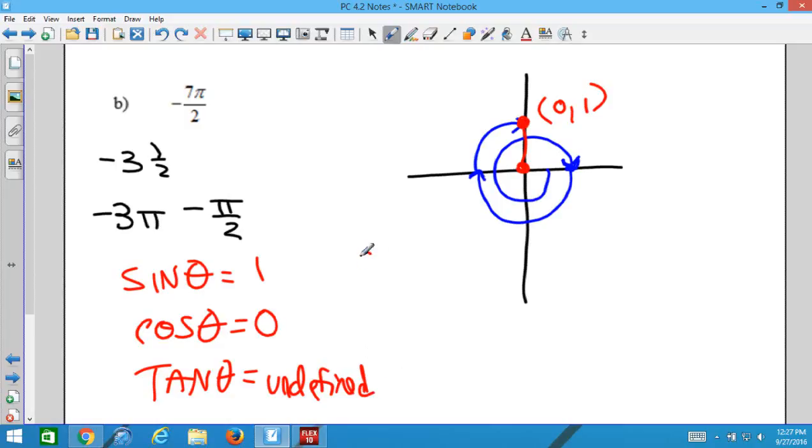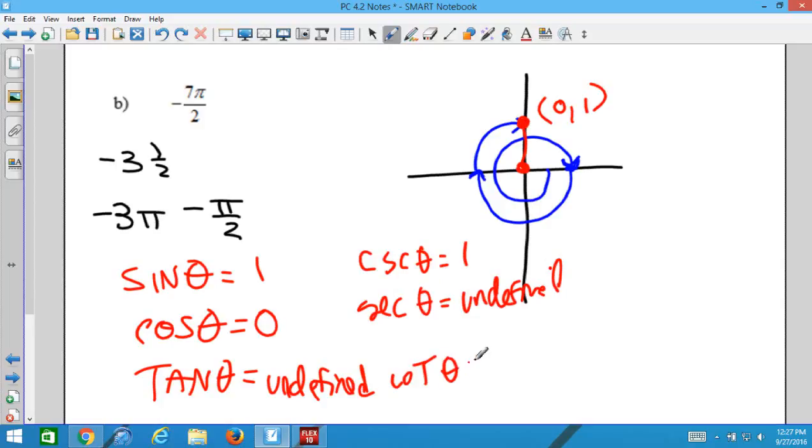And then we'll flip them, cosecant. I'm flipping this one because we haven't done this one yet. 1, secant. If I flip 0, I get undefined. And what happens if I flip tangent? That one would be 0.